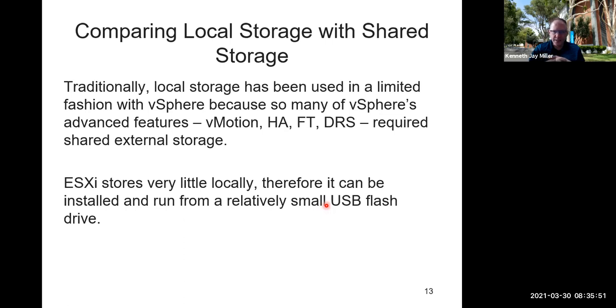So traditionally, the local storage on our vSphere ESXi has been used in a very limited fashion, because for all of vSphere's advanced features like vMotion, high availability, fault tolerance, and DRS, the main requirement is some type of shared external storage.